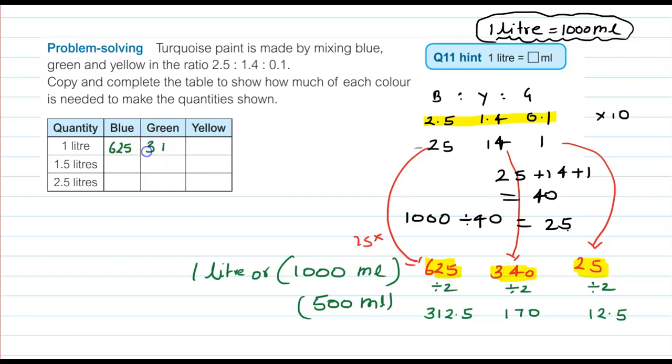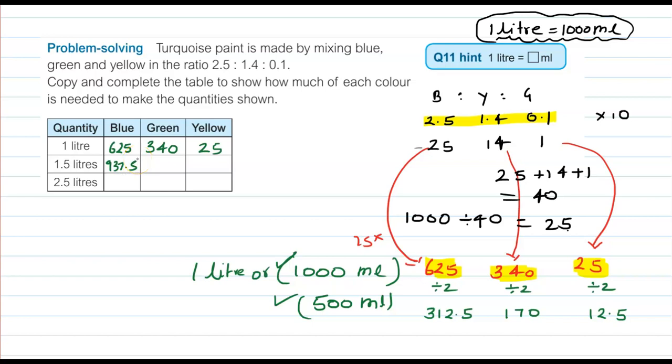So for 1 liter we will get blue 625, green 340, and yellow 25. For 1.5 liter, you are adding 1000 ml and 500 ml. You can add 625 plus 312.5, how much is it? 937.5.